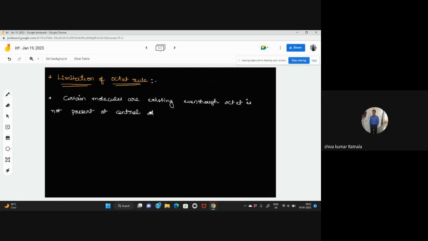That means simply we can say there are certain electron deficient molecules. The electron deficient molecule means, what can we say? For example, BeCl2, if I'm taking.